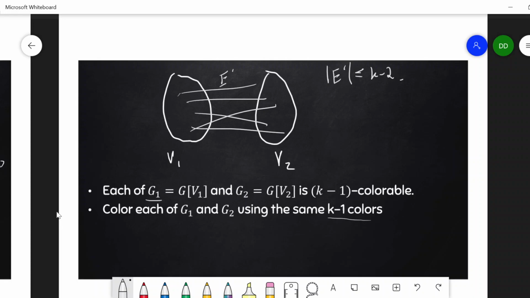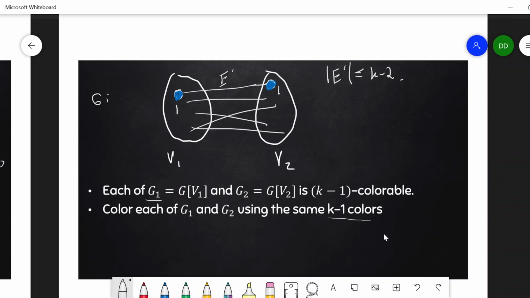Now, since it's k-critical, the chi of G, where G is the whole graph here, is equal to k. And so what has to happen, if I color the vertices V1 with k minus 1 colors, and the vertices V2 with the same k minus 1 colors, in order for G to be k chromatic, I have to see, no matter what coloring I give, a vertex in V1 and a vertex in V2, joined by an edge, colored the same.